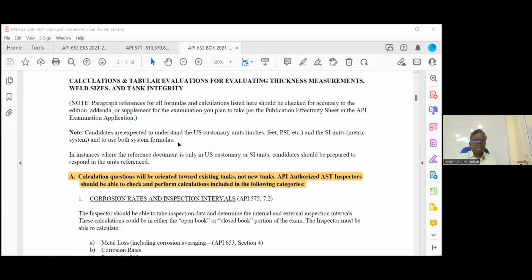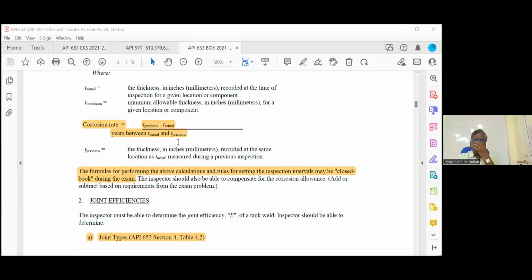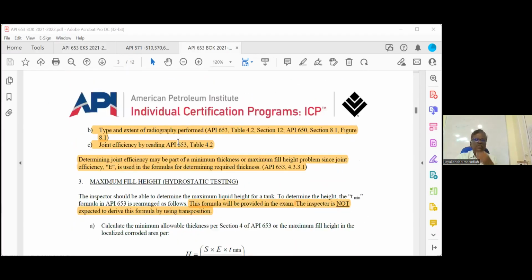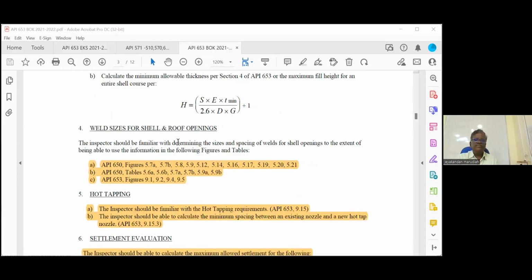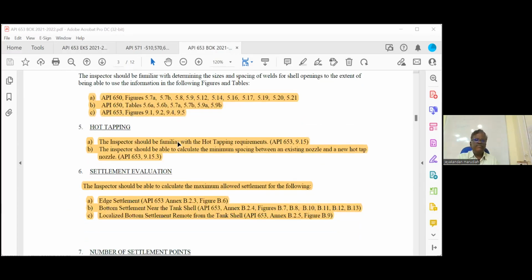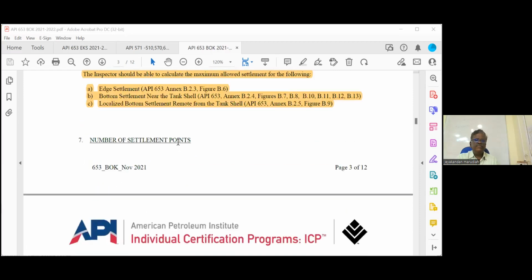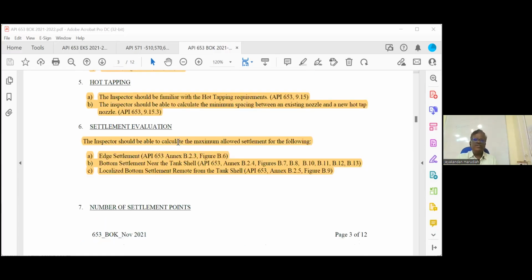Okay, what is your exact question? Because in the exam we are going to follow the body of knowledge. What body of knowledge you are given, we follow that. Our class will be based on the body of knowledge only.